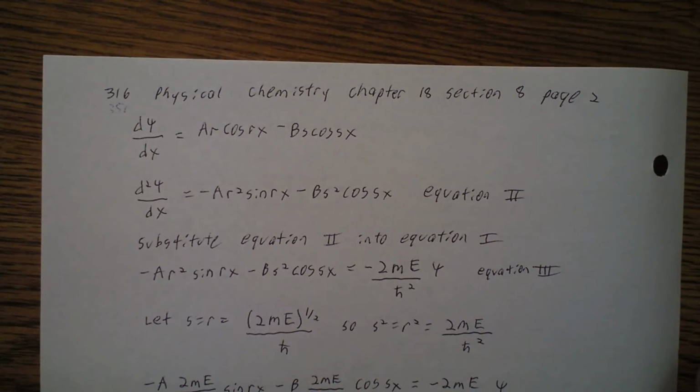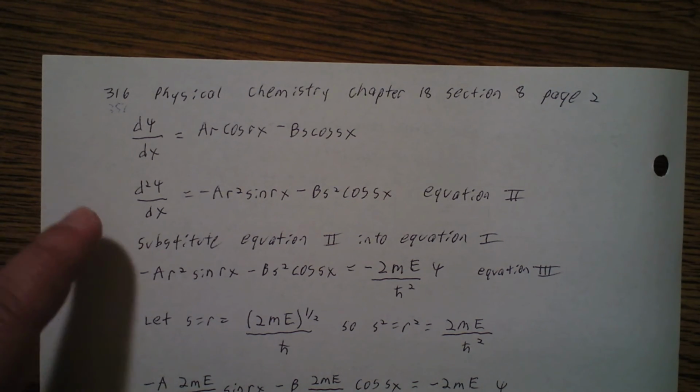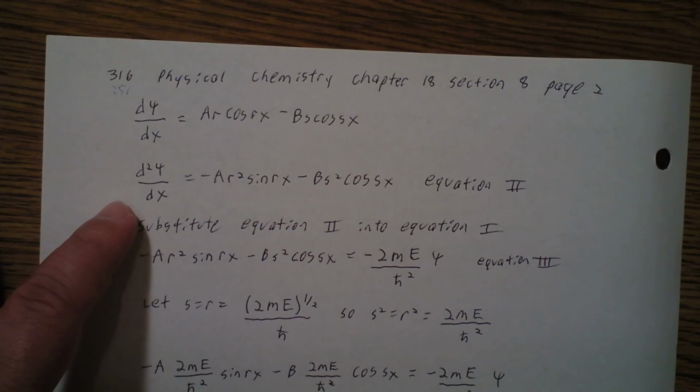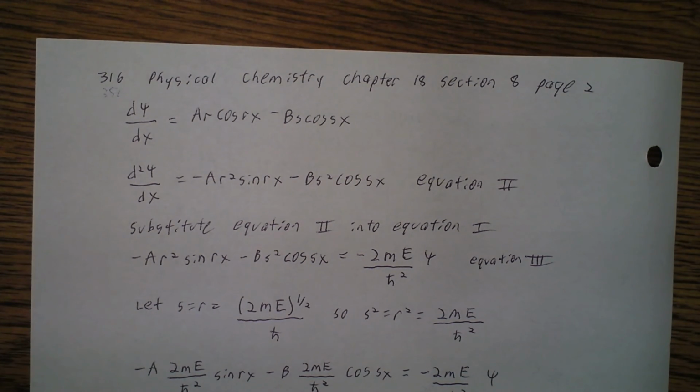Now the derivative of psi with respect to x would be A r cosine rx minus B s sine sx. So the second derivative of psi with respect to x is going to be minus A r squared sine rx minus B s squared cosine sx. We'll call that equation 2.